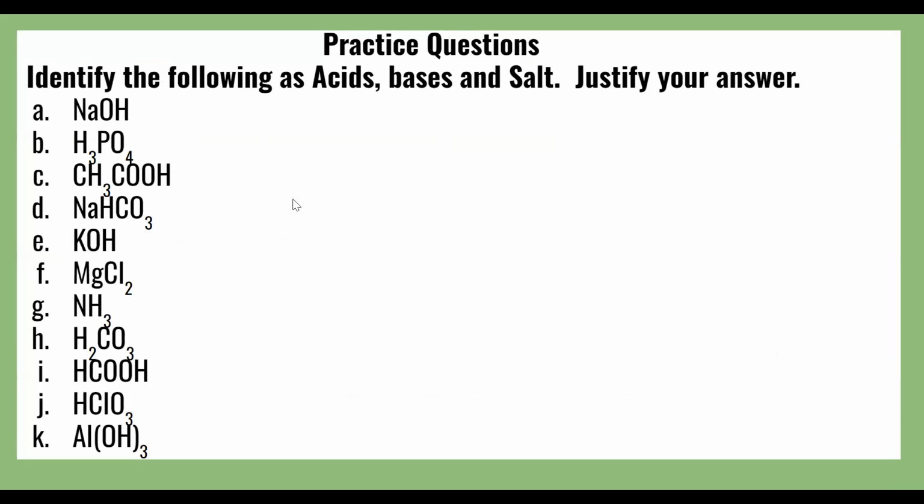You can use Bronsted-Lowry to describe it, or everything covered in this chapter. There is a lot of information here you can use to justify why it's an acid, base, or salt. So you have to understand the concepts in this video very well to write a very good justification.